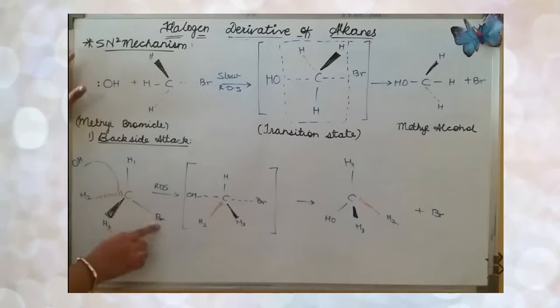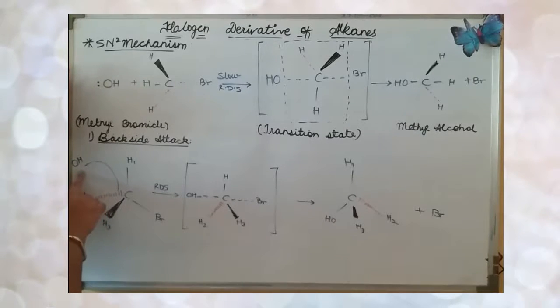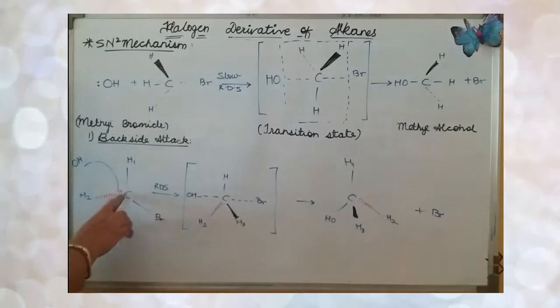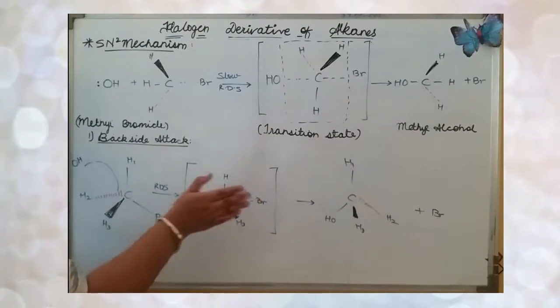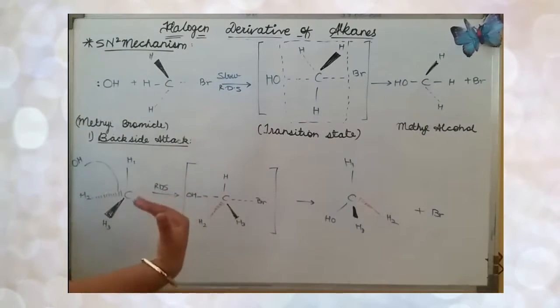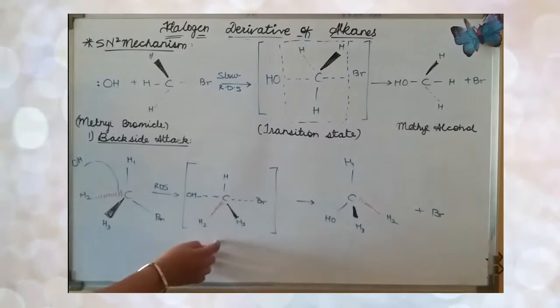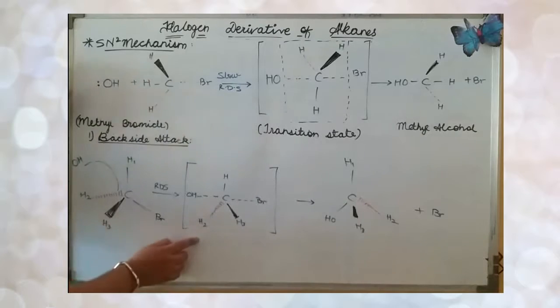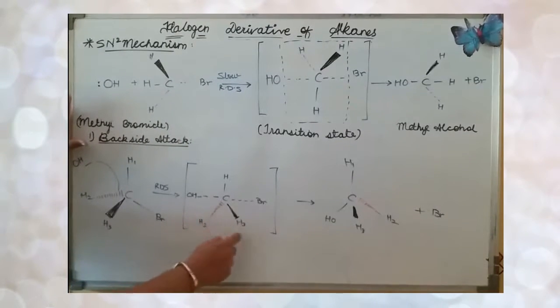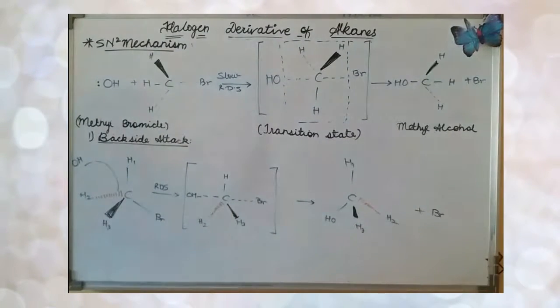Then Br, bromine, is attached here. But what if the nucleophile attacks from the backside of the carbon atom? Suppose the carbon atom is facing there. As you can see here, it is facing there, so it is attacking from the backside. Again, there will be formation of the transition state. 5 constituents again will get attached to the carbon atom.